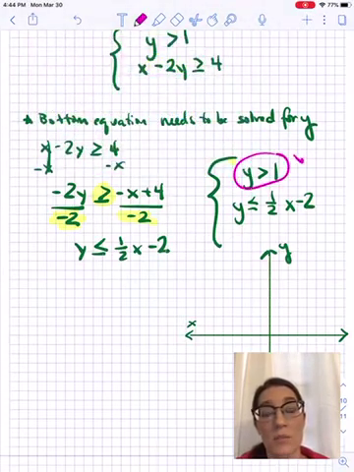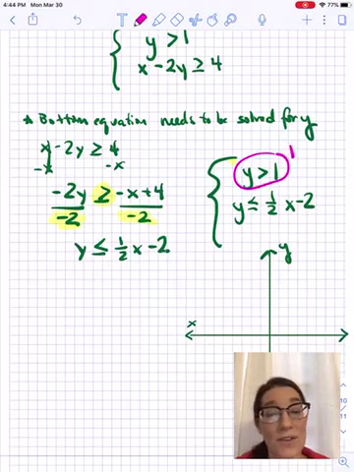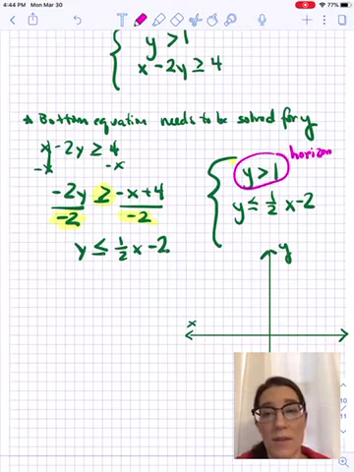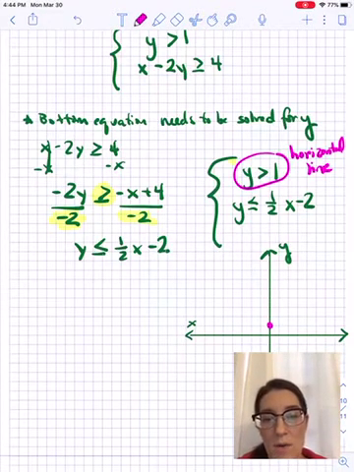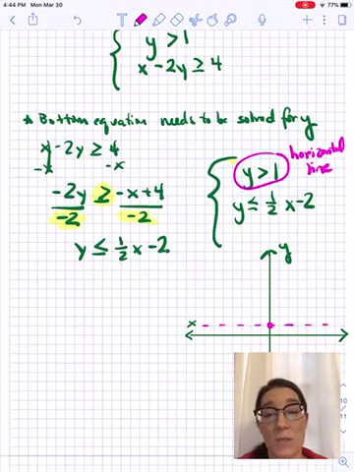I'm going to graph that in pink. There's no x there. It is a horizontal line. Remember, horizontal line, 0 slope, y equals a number. Notice I'm doing a dashed line because it's not an equals to. And because it's greater than, I'm going to shade above.